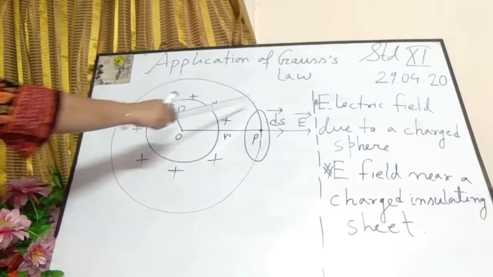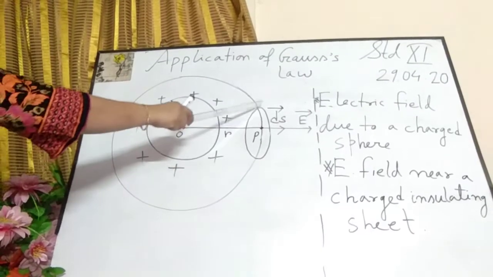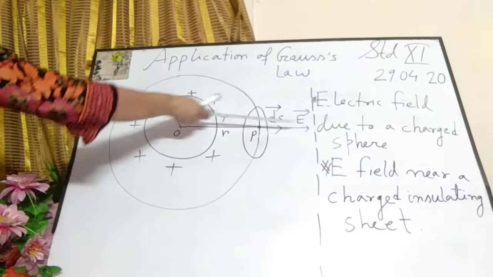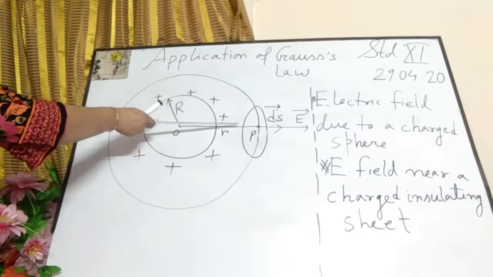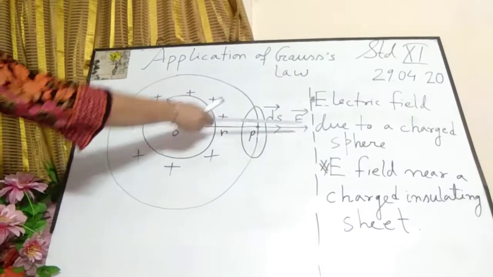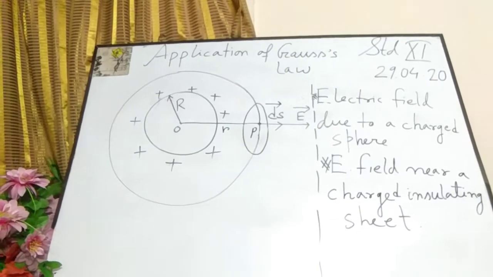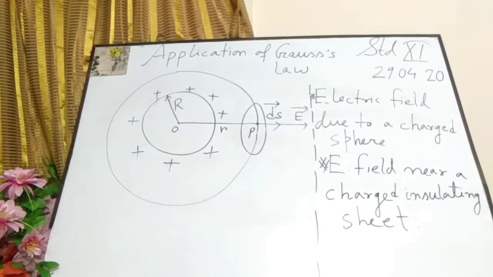Because ds is the area vector along this direction, and electric field intensity direction is also in the same line. So we can find out electric flux at this point P.